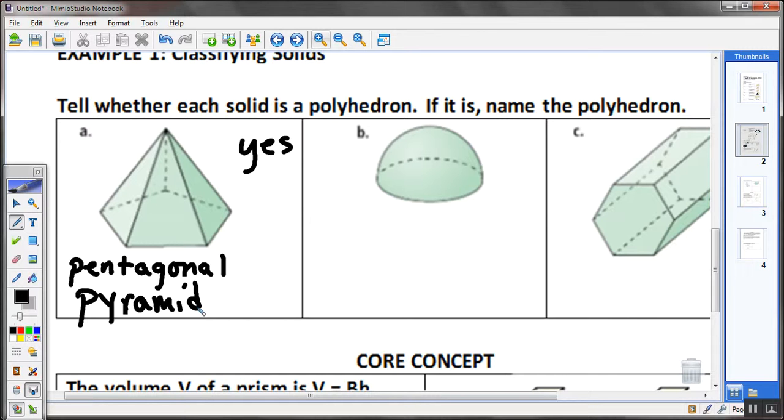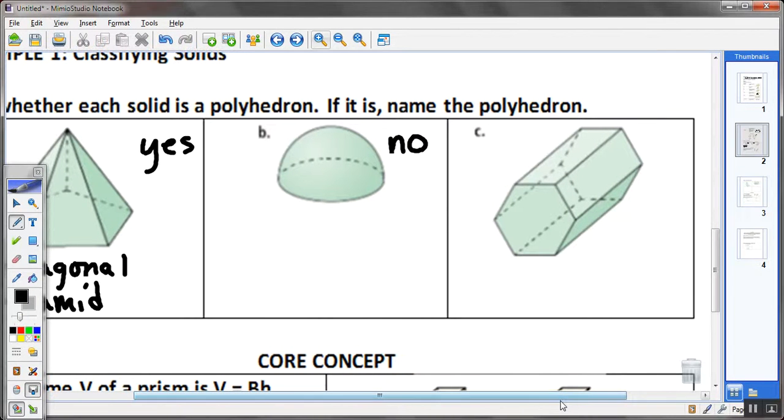How about part B? Is that a polyhedron? No. Why does it fail the polyhedron test? It's half a sphere. It's a hemisphere. Are all the sides flat or are some of the sides rounded? There's some rounded sides. Not all sides are flat, so I'm going to say, is this a polyhedron? The answer is no. Okay. How about part C? Is that a polyhedron or not? Yes. Okay. Second question. If it's a polyhedron, is it a prism or is it a pyramid?